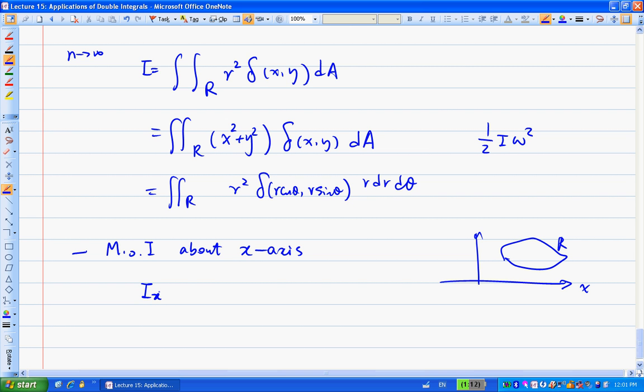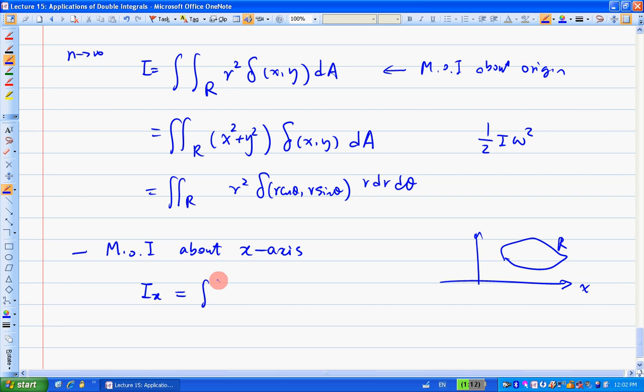This I here is the moment of inertia about the origin. So what can I do to change this formula to get Ix? R becomes y.